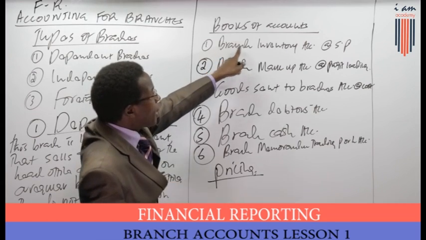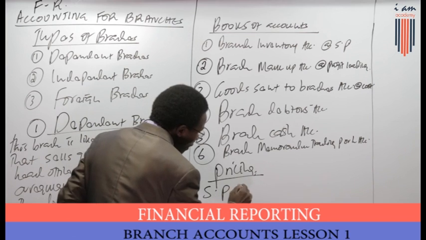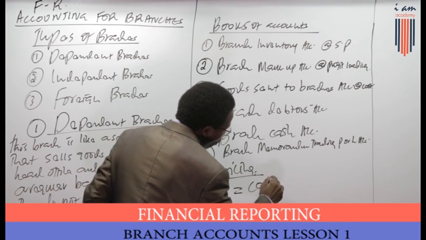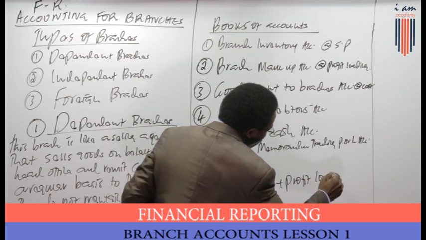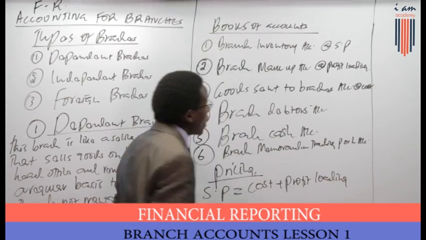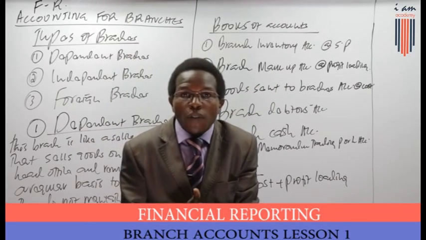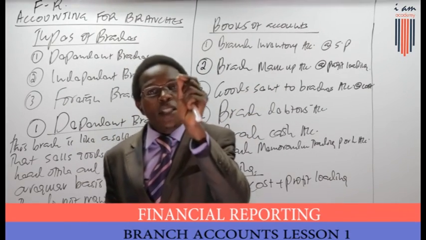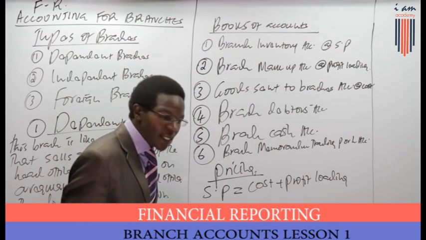We have said that the branch inventory is maintained at selling price. You need to remember that the selling price is simply the cost plus the profit loading. Remember, in the branch markup account, we are maintaining most of the items at profit loading except the normal losses, which we recognize at selling price.